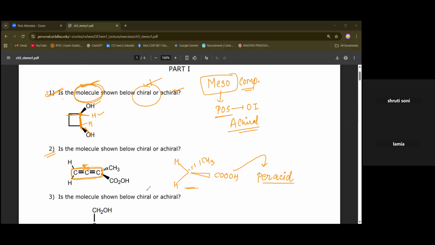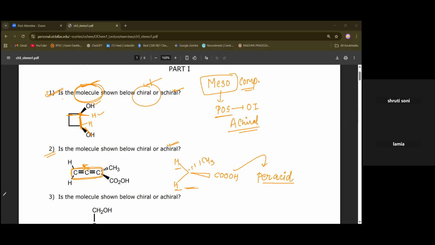No, it's not, because not all four groups are different. There are two same hydrogens attached to this carbon. Good. So this is also achiral.